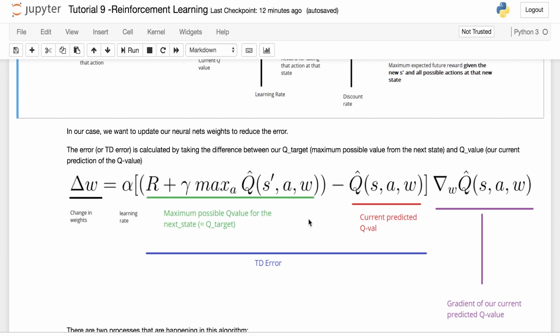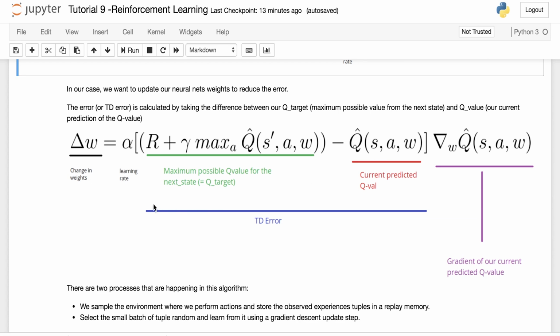So we want to update our neural nets to reduce the error. The error is calculated by taking the difference between the target and the prediction, and we have our change in weights. This is our weights updating rule.